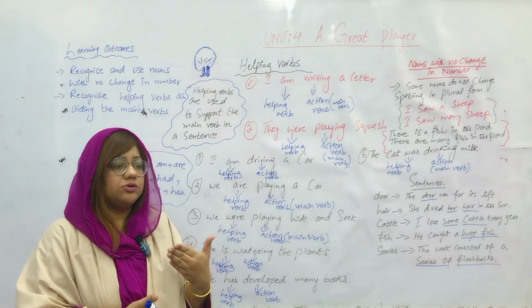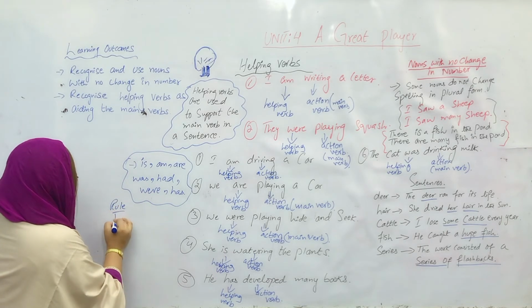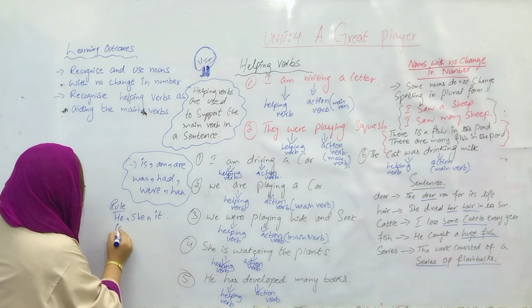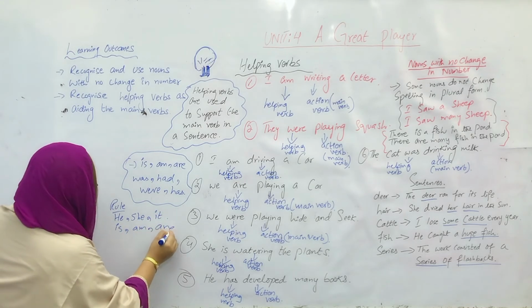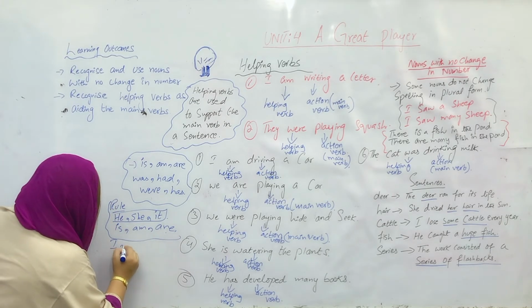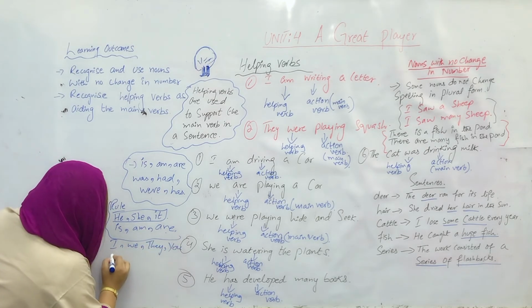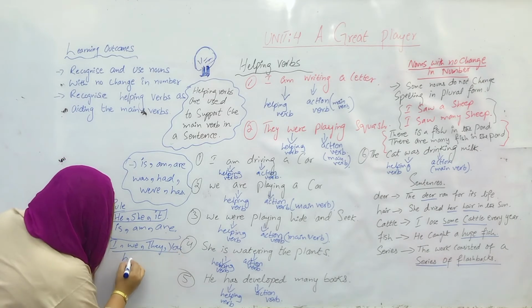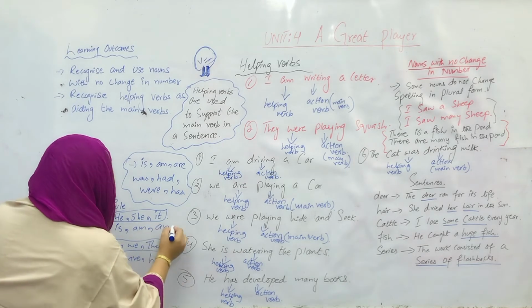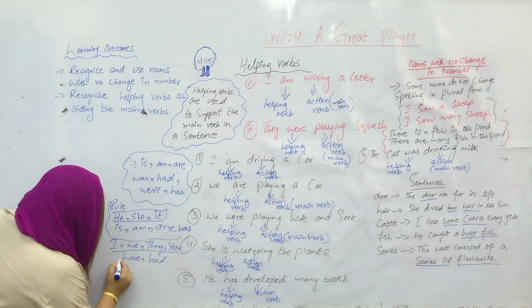We know the rule that for he, she, and it, we use is, am, and are. For example, for I, we, they, and you, we use have, had, and if you are using the past, was, and we use were.